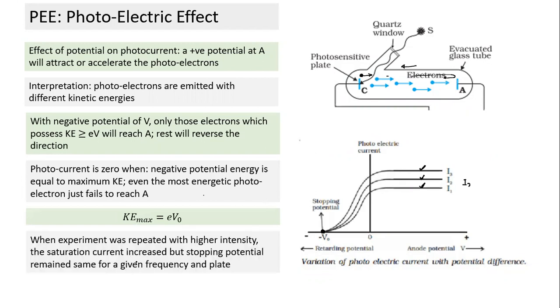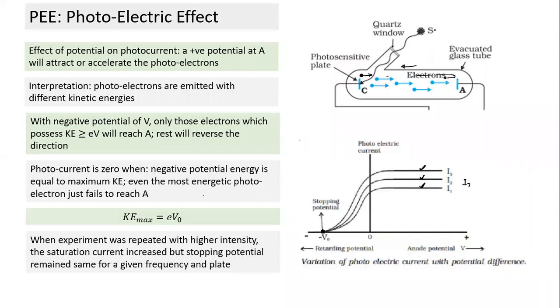When the experiment was repeated with higher intensity, the saturation current increased because more free electrons are emitted, but the energy K max remains the same. From I1 to I3, more electrons are emitted, but the energy of the fastest electron remains the same. So the energy of the fastest electron depends only on the color of the source, not on the intensity. Maximum kinetic energy is not a function of intensity.